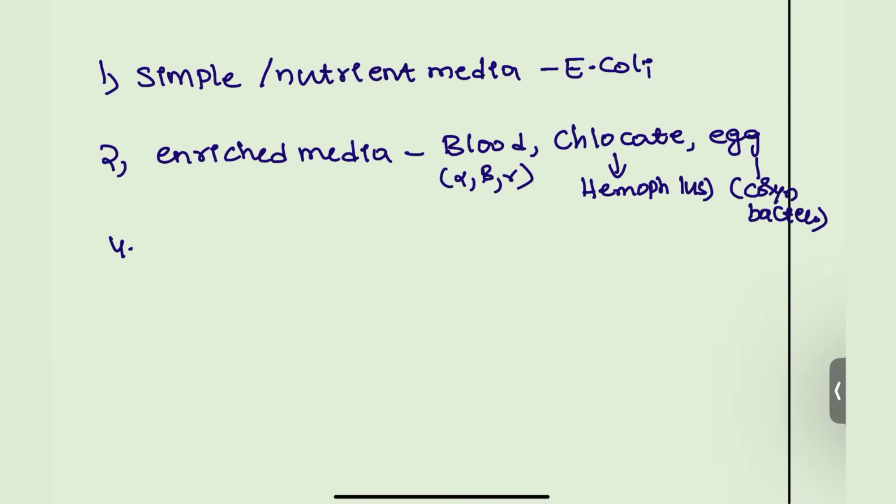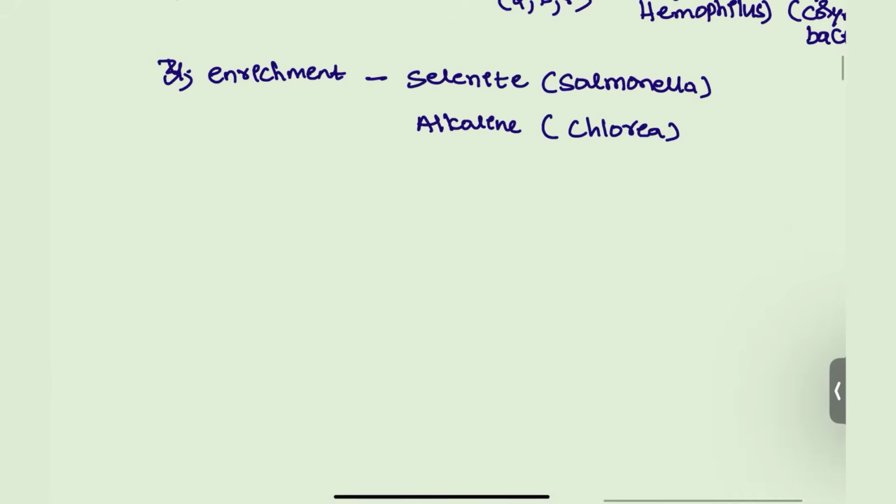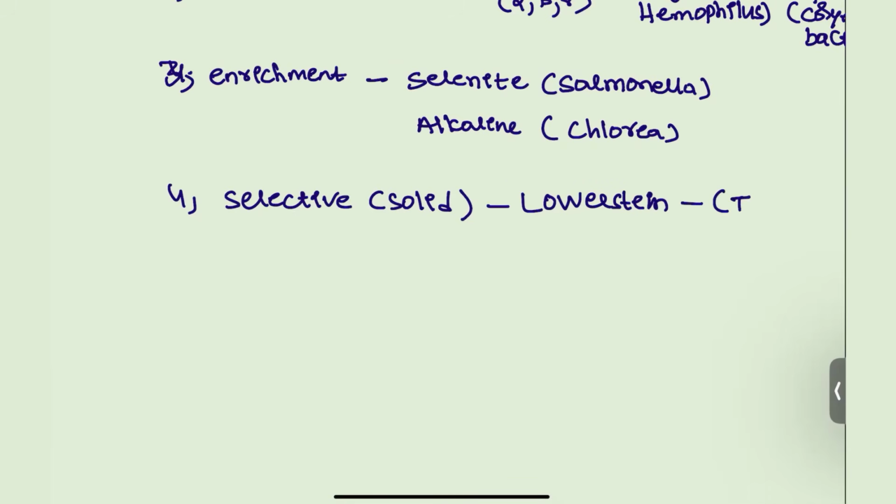Next, the third one is the enrichment media. Here we have the examples: selenite for the salmonella, and alkaline peptone water, this is for the cholera. Next, selective media is a solid type, guys, and in this we remember the common one, Lowenstein-Jensen media, for the TB.